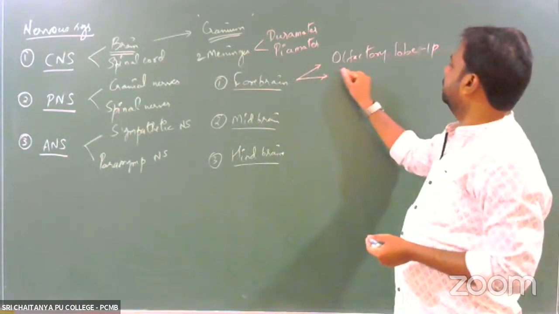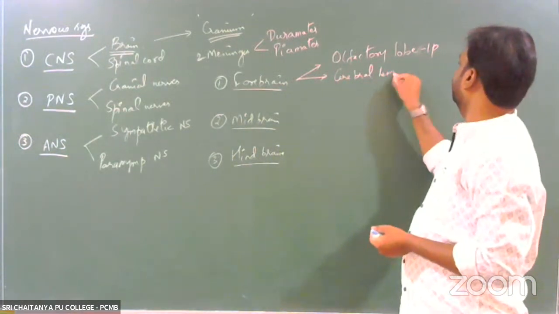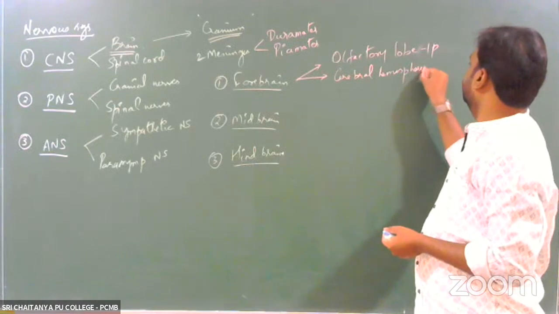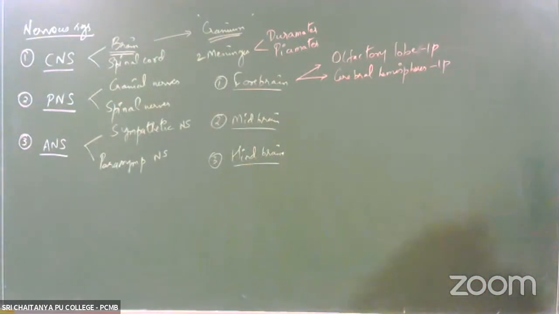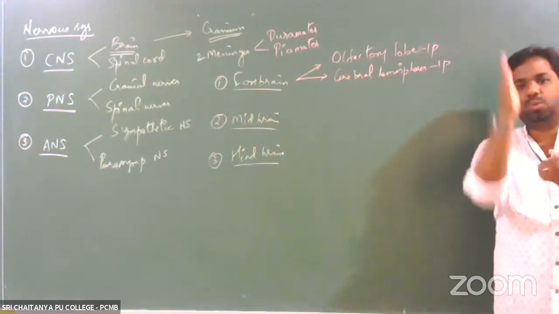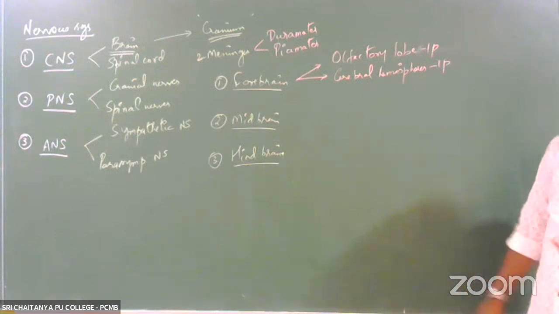The second region is the cerebral hemispheres. These cerebral hemispheres are also paired structures. There is one pair of cerebral hemispheres. It is completely a single one, but due to one partition that is present, it forms two hemispheres. That's the reason why we call it a hemisphere.